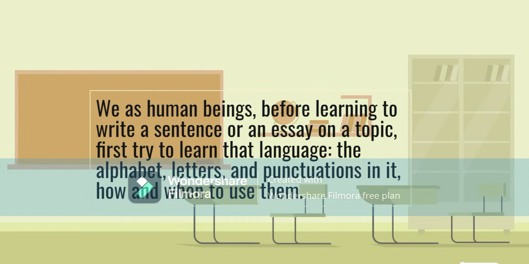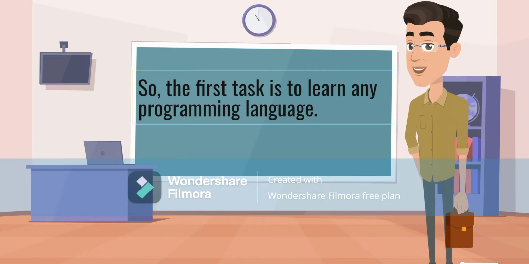We as human beings, before learning to write a sentence or an essay on a topic, first try to learn that language, the alphabet, letters, and punctuations in it, how and when to use them. So, the first task is to learn any programming language.